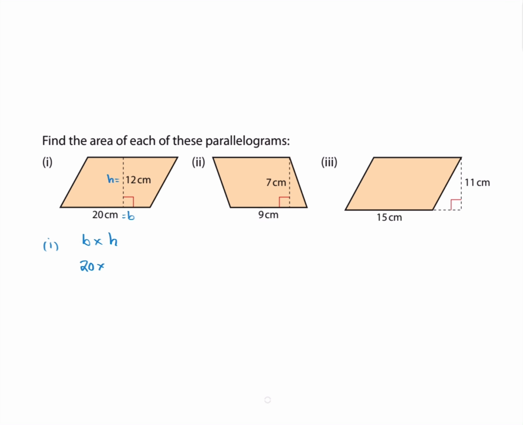So 20 multiplied by 12, which is 240. Now, this is 240, and what's the measurement? The measurement is centimeters. And when we're working with area, we always say centimeters squared. So that's how you find the area of a parallelogram.